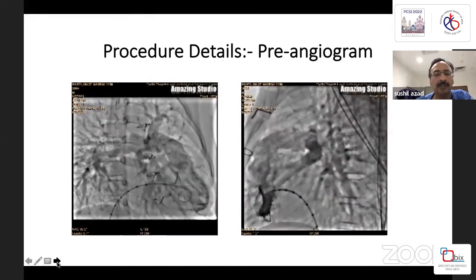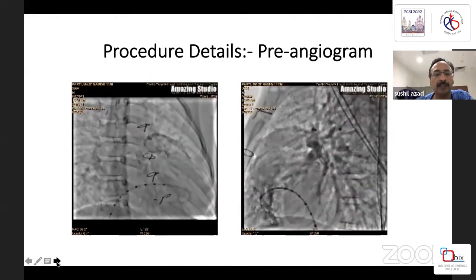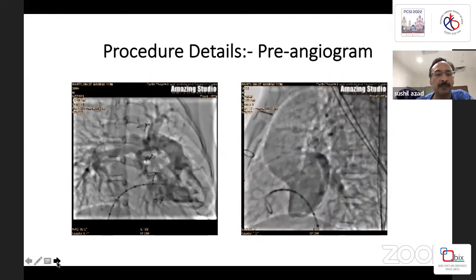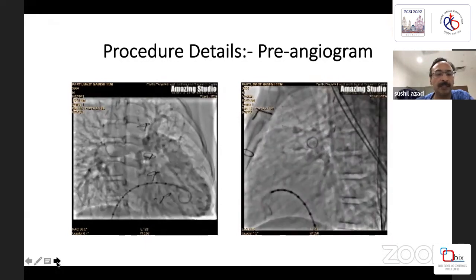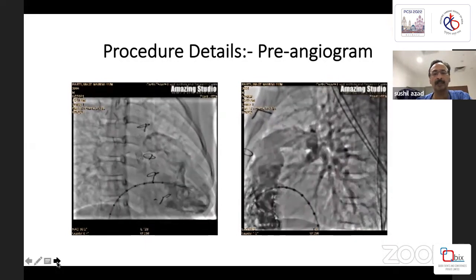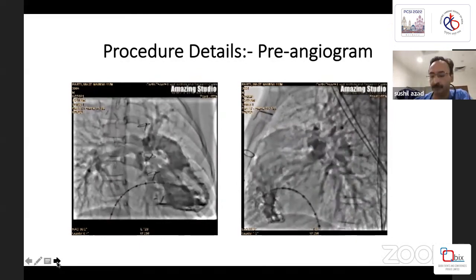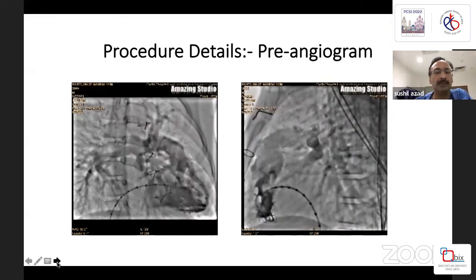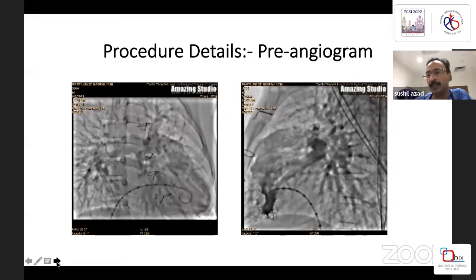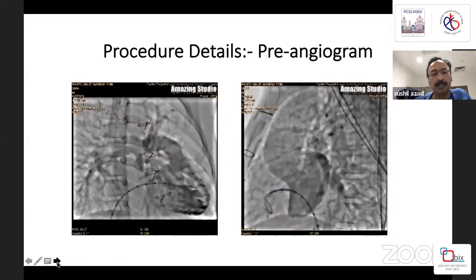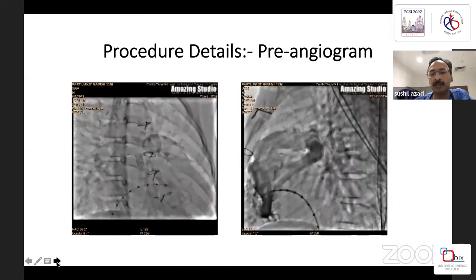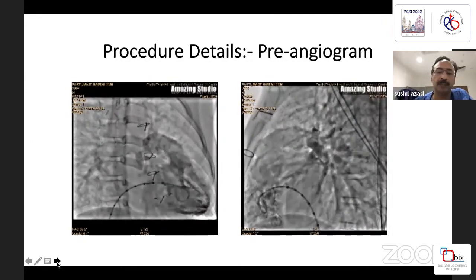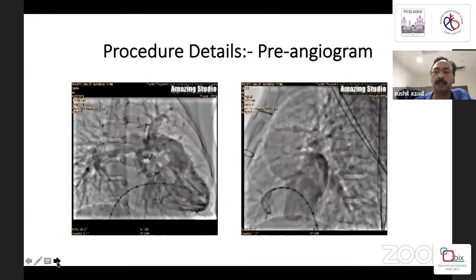This was the RV angiogram in the RAO and lateral view. You can clearly see the heavily calcified conduit and the narrowing of the right and left pulmonary arteries. These stents were implanted very early, around 2009, 2010. At that time we had only renal stents available for implanting, so we didn't know how much they would go further.